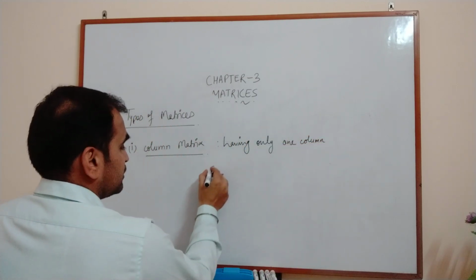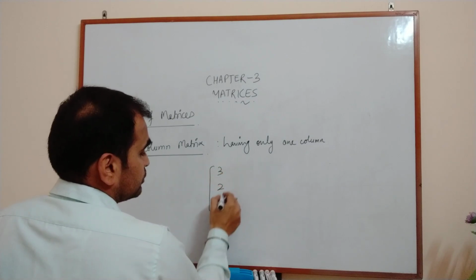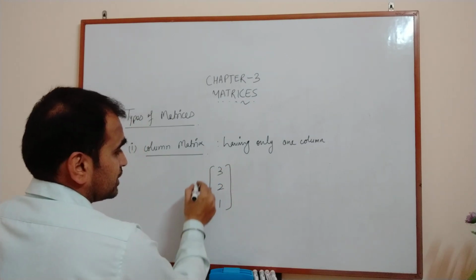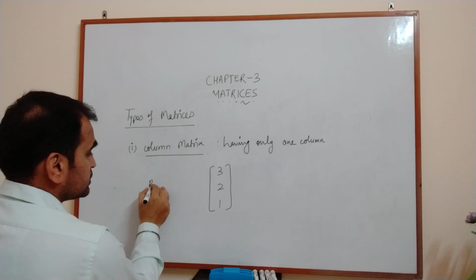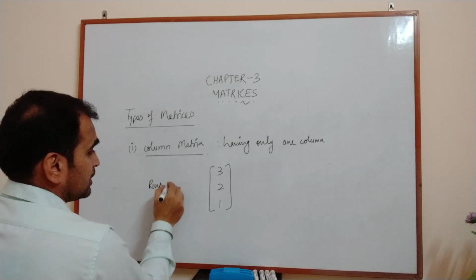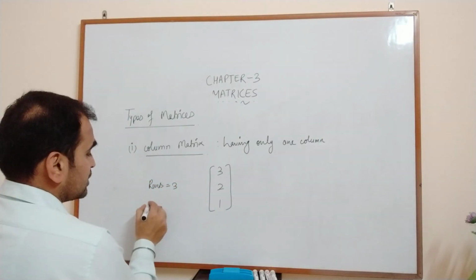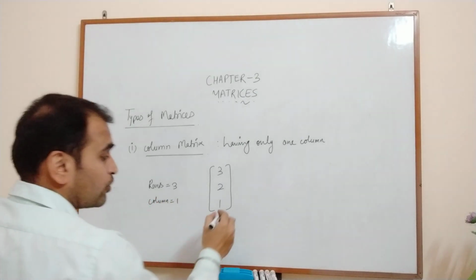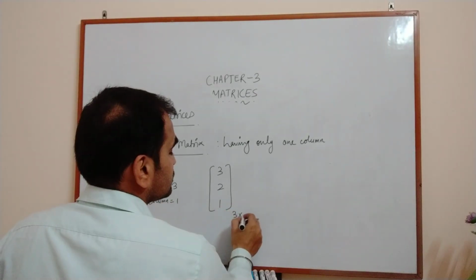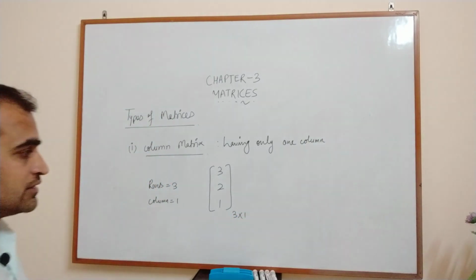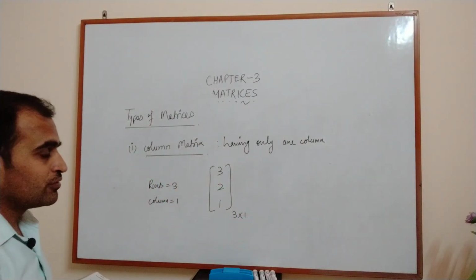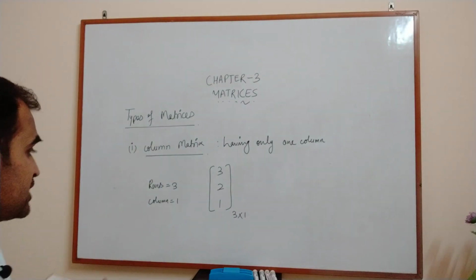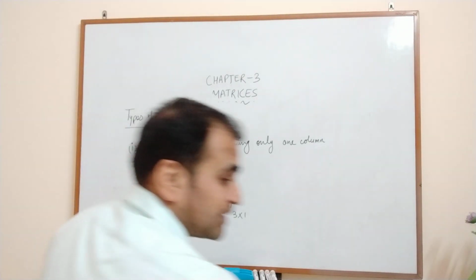For example, if you have a matrix 3, 2 and 1, the number of rows is 1, 2 and 3, but the number of columns is only 1. So the order of the matrix is 3 cross 1. Here we have only a single column, so this is called a column matrix.